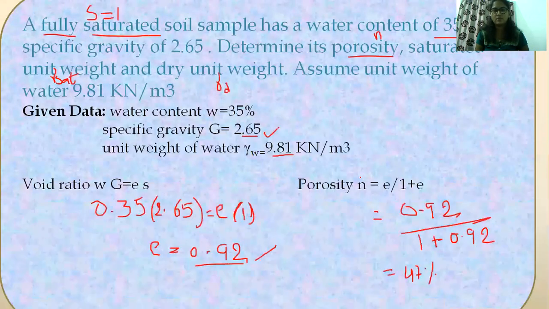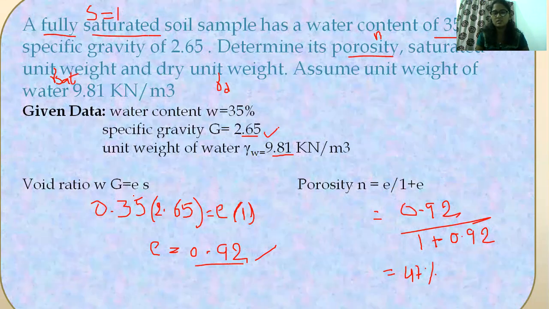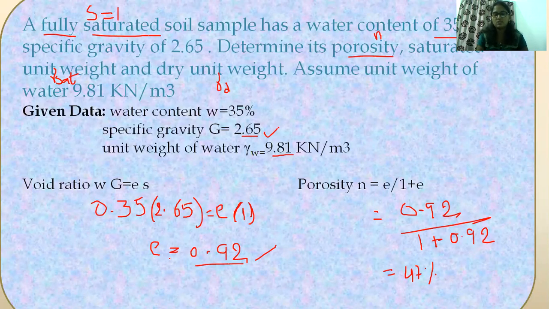For this problem, we are asked for the porosity value, saturated unit weight and dry unit weight. The general equation for porosity is n is equal to e by 1 plus e, but here the e value is not given. Depending on the given data, we can know the formula: w into G is equal to e into S. By using this formula, we can determine the void ratio, e is equal to 0.92.